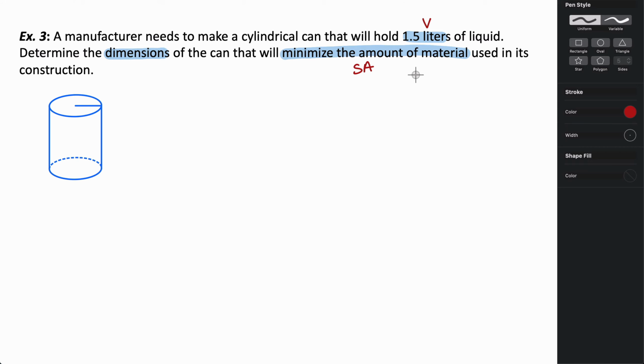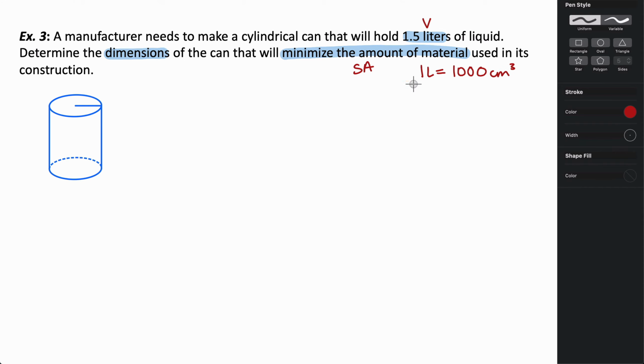Now, one thing to note is 1 liter, because we can't use a liquid measurement to talk about the materials used, but we can talk about an equivalent value. So 1 liter represents 1,000 cubic centimeters, right? So if you go back, think about chemistry, we know that 1 liter is 1,000 cubic centimeters.